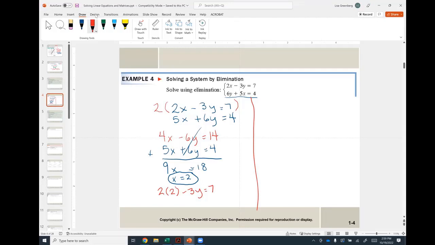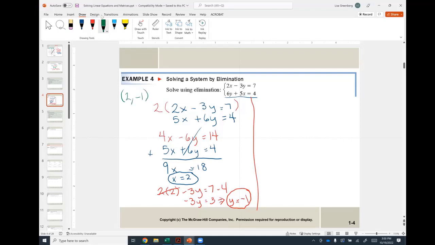I'm going to subtract 4 from both sides. And I get minus 3y equals 3. And then therefore y equals minus 1. So now I have my ordered pair here. I have x is 2 and y is minus 1.